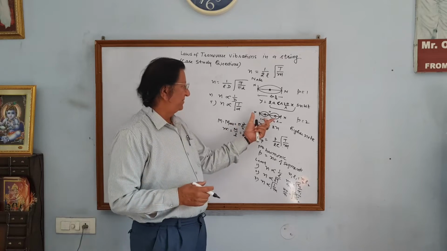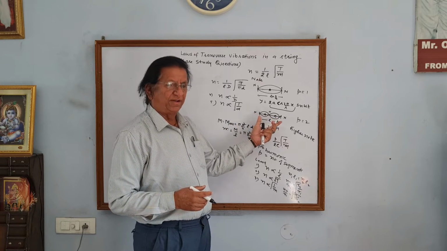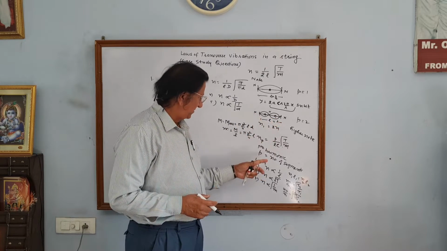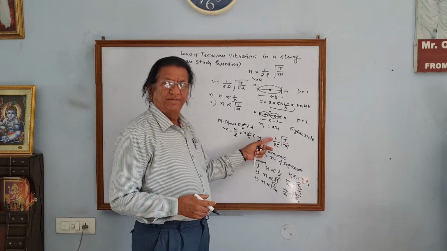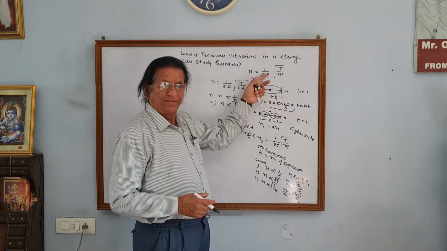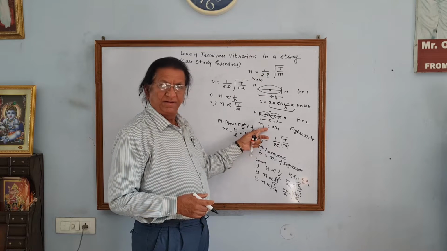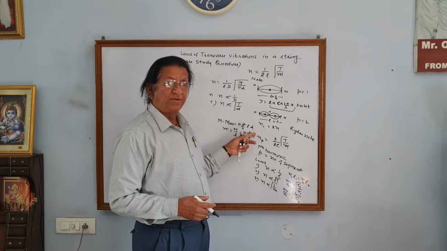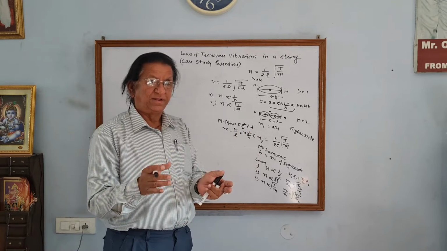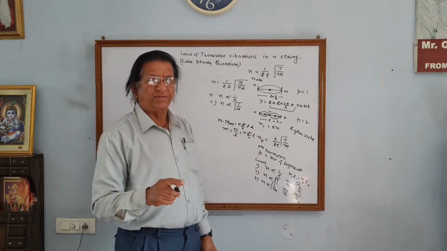And if this same string is made to vibrate in three segments, the frequency will be 3 times the fundamental. P is equal to 3. This is the pth harmonic. Pth harmonic means (P minus 1)th overtone. Second harmonic means first overtone.